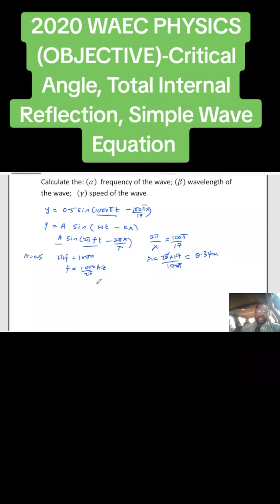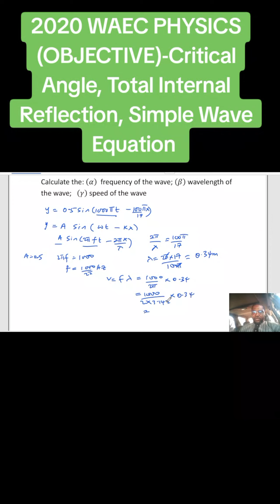So if I want to find the velocity now, it is going to be frequency times lambda. The frequency is 1000 over 2 pi hertz, then times lambda, which is 0.34. So if you like, we can just substitute the value for 2 pi, which is 2 times 3.142, and that will give us the answer that we want.